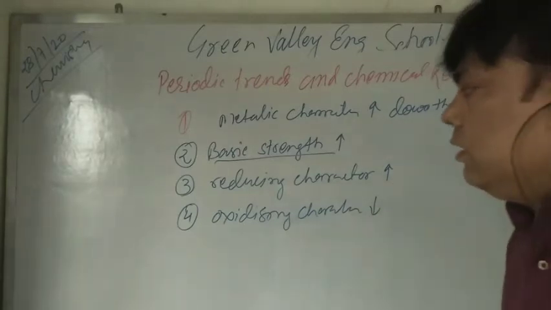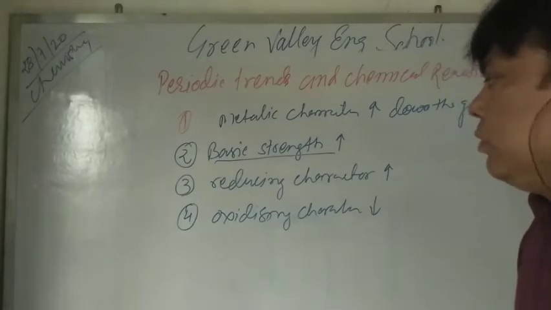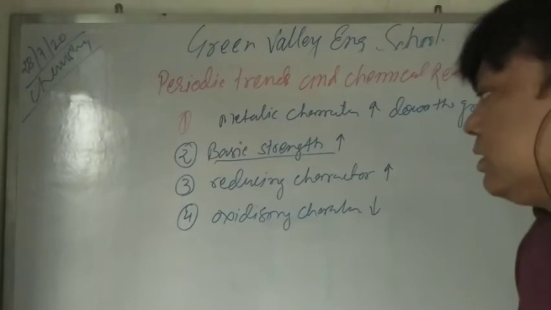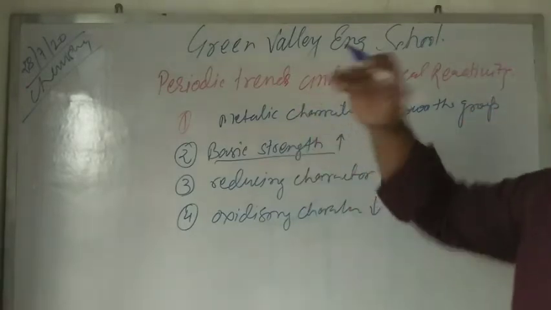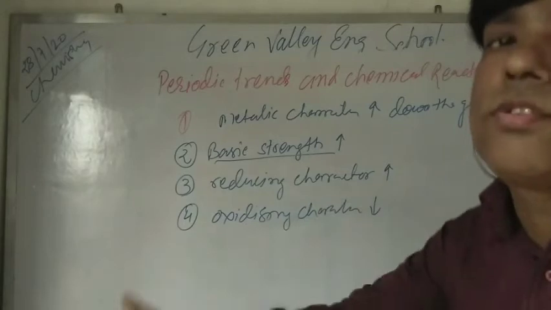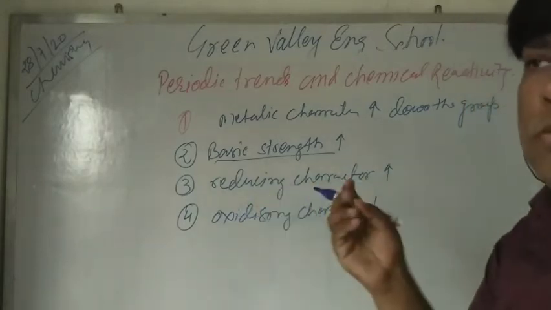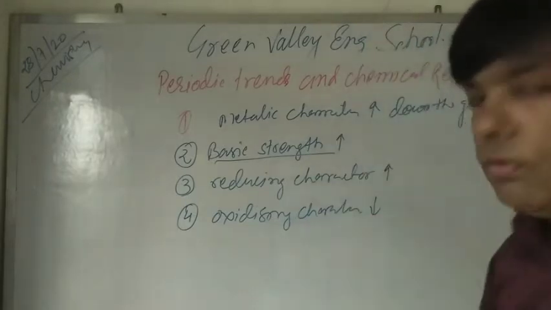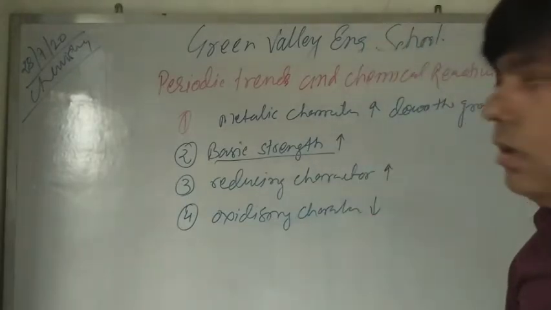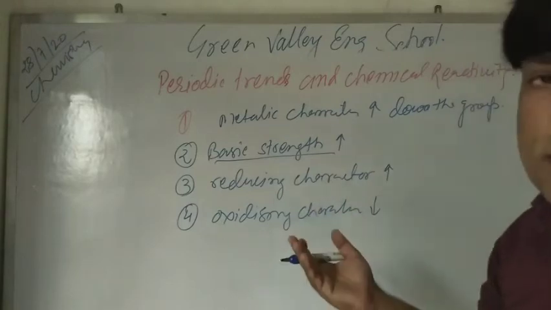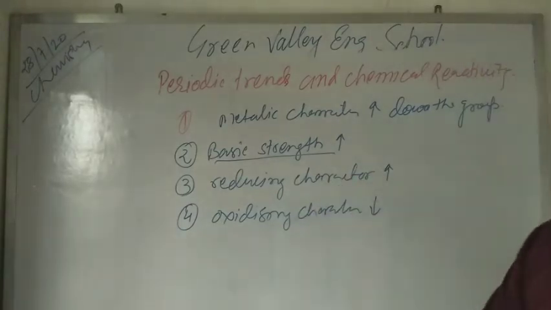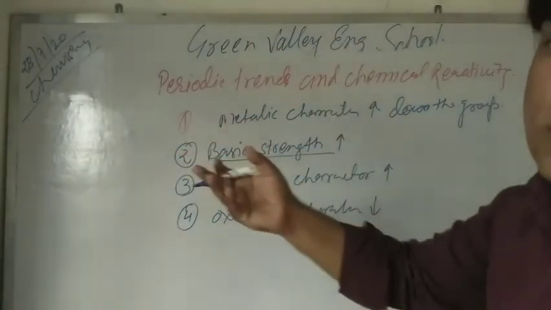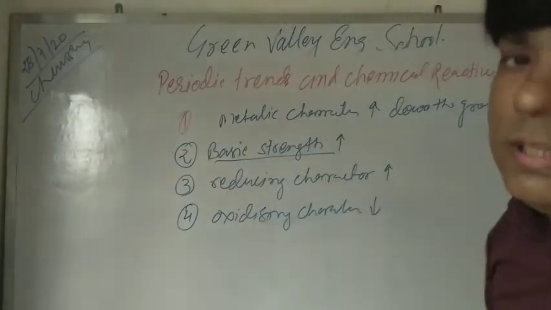How can you differentiate between reducing character and oxidizing character of any element? Reducing character means property to lose electrons easily, right? As we move down the group, our metallic character increases. Due to increase in atomic radii, element will lose electrons easily.